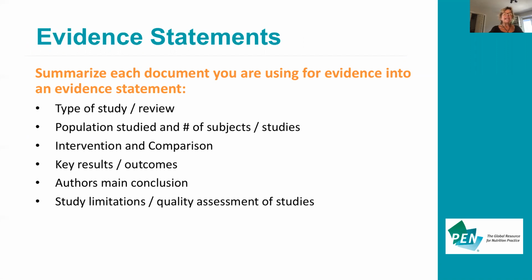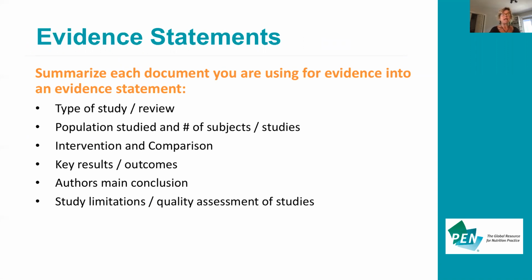So an evidence statement is for each document, for each article you're using, you're providing an overview of it so that the PEN user should have a good snapshot of the article and why it's been used to support the key practice point, and ultimately how it influences the grade of evidence for the key practice point.